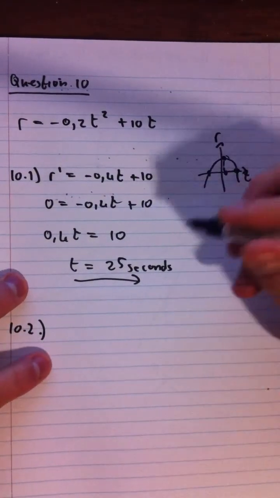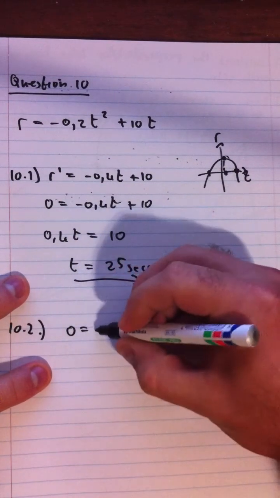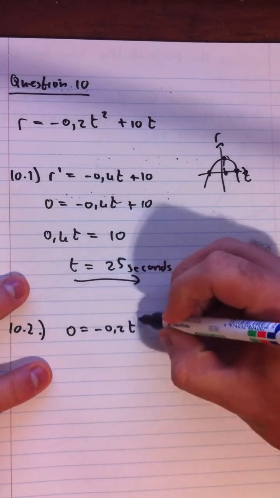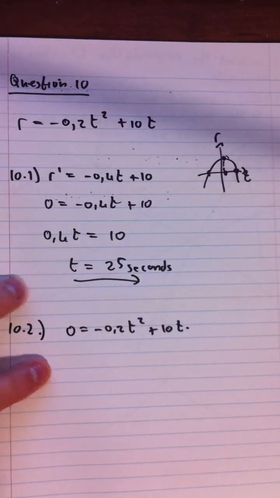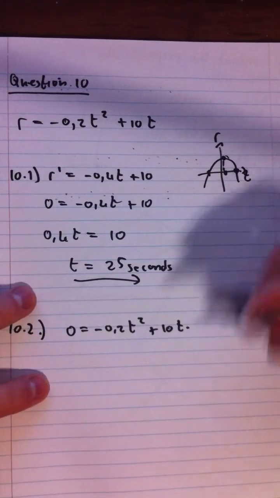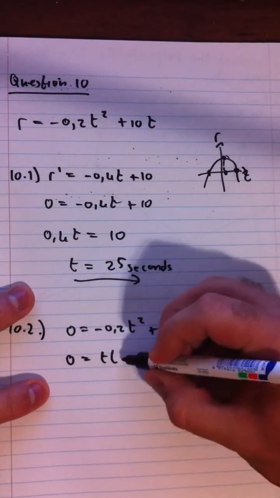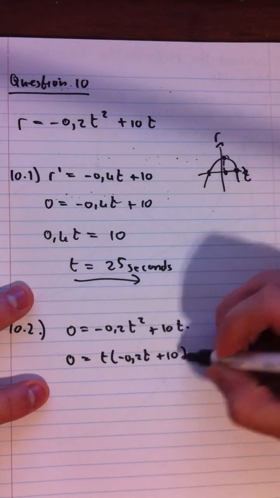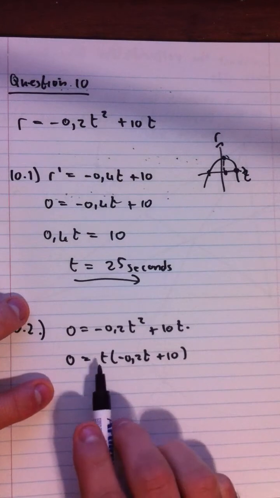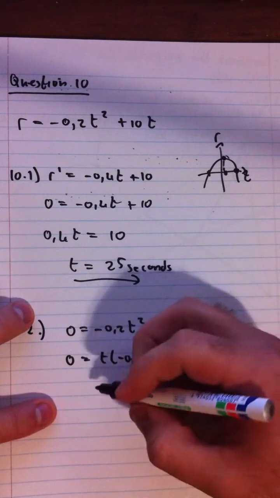So what do we need to do to find the x cuts? Well, we say in the original equation 0 equals negative 0.2t squared plus 10t. So we have to factorize this. Take out a common factor of t, and then we get negative 0.2t plus 10 equals 0. So something times something equals 0 must mean either one of them is 0, as we discussed before.